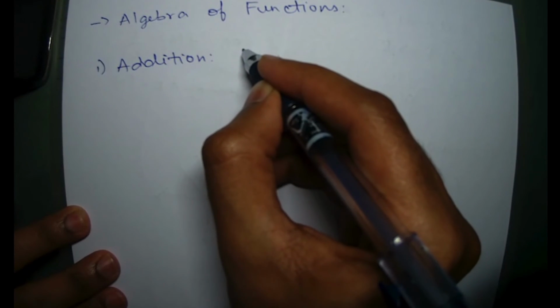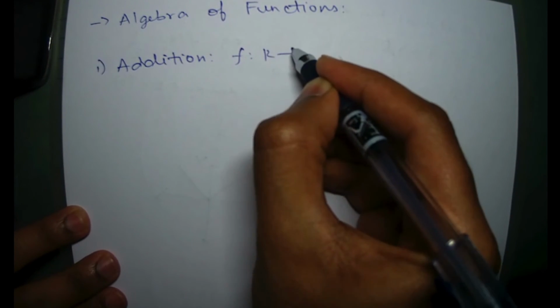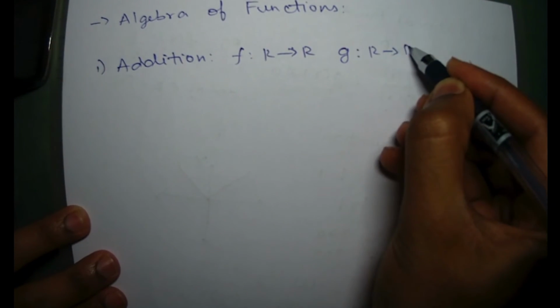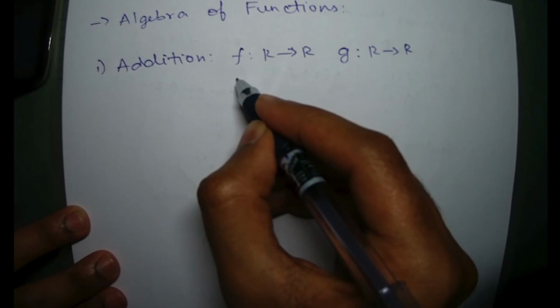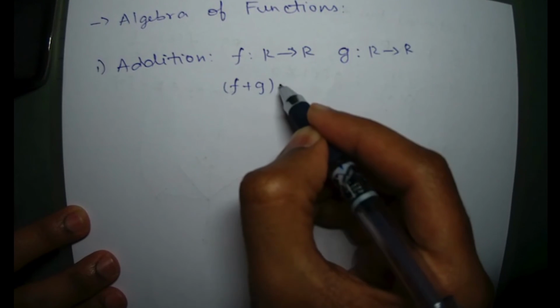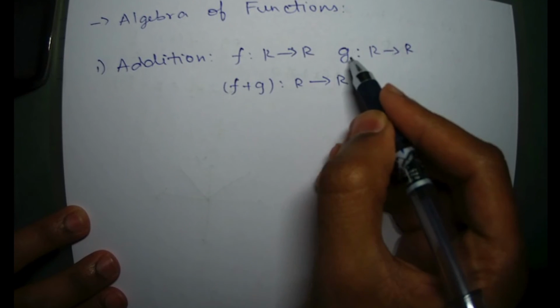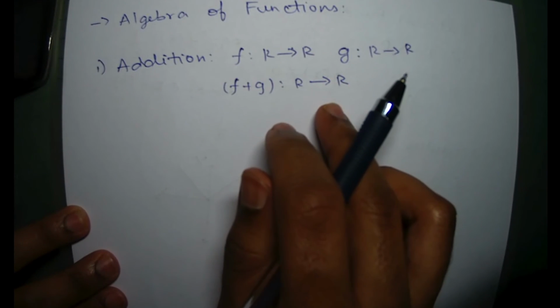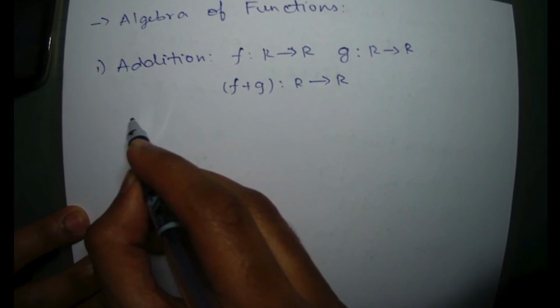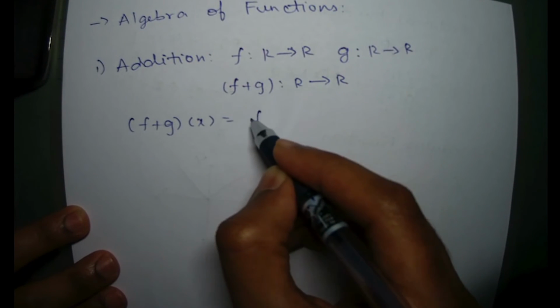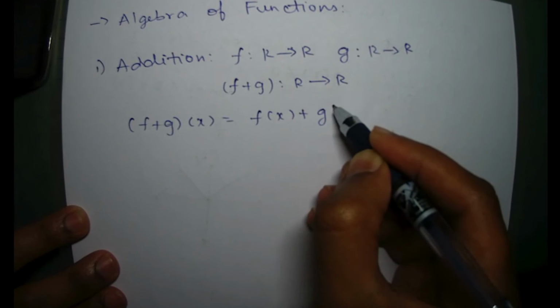If we have one function f defined in real numbers and another function g defined in real numbers, then the addition of both functions, f plus g, should also be defined in real numbers. If the two functions satisfy this condition, then we can say that f plus g of x is equal to f of x plus g of x.